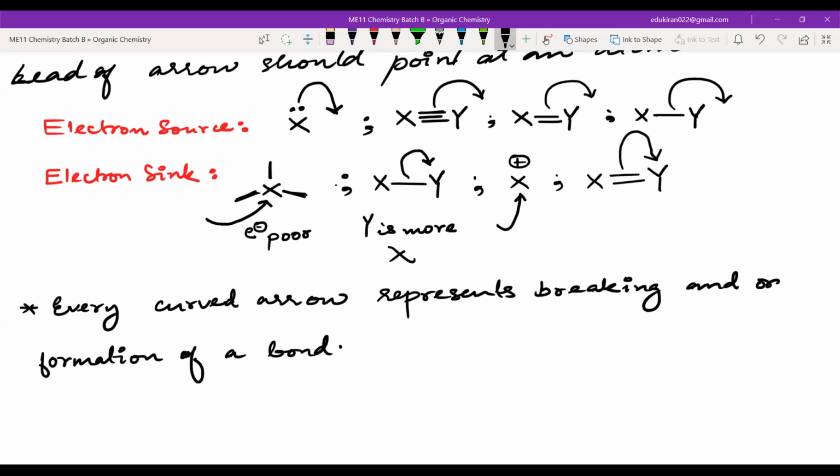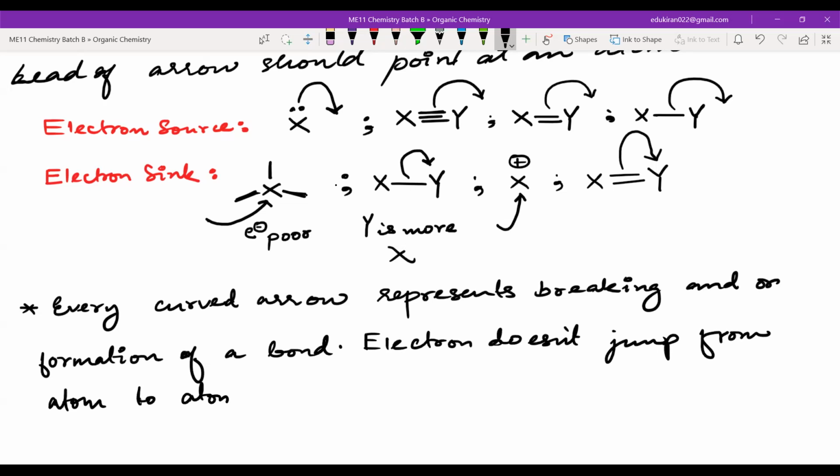Electrons don't jump from atom to atom. So it should be something related to a bond. Either formation of a bond should be taking place, or there should be a breaking of a bond.